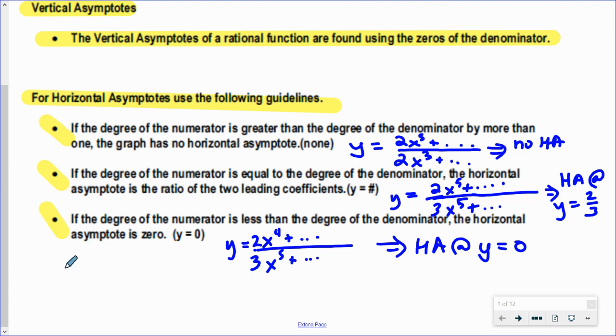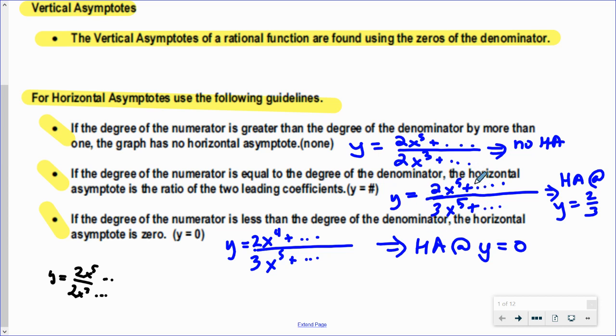So for example, when I'm doing the top one, if I had y equals 2x to the 5 over 2x cubed and a bunch of other stuff, we can imagine that as x gets really, really big, the numerator is going to grow much faster than the denominator. So we're always going to get a value. You can always take this large number and divide by this smaller number. And that's why it doesn't ever approach a particular y value, because that number is always changing.